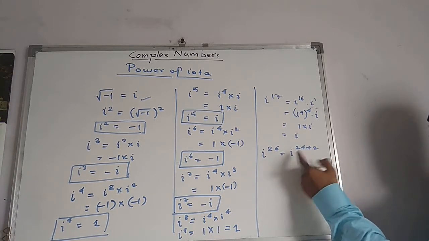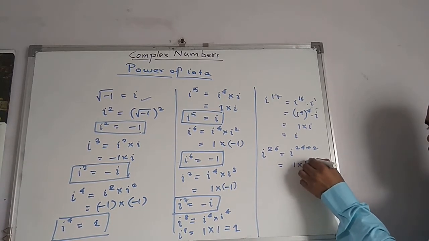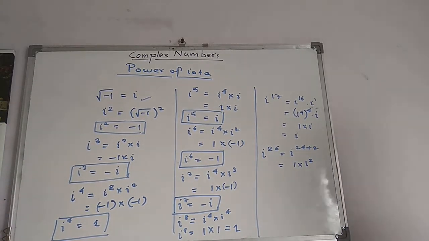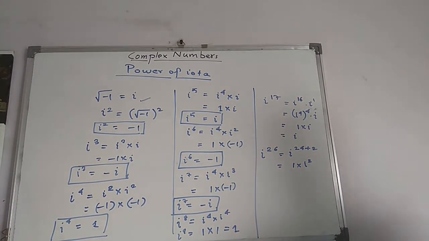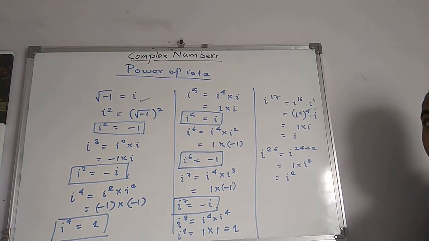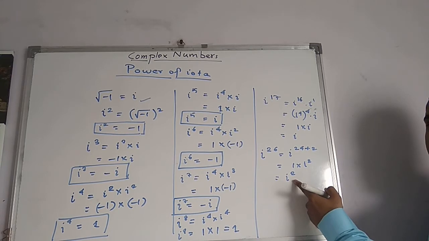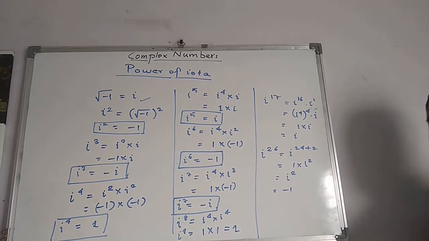So we can write it directly as 1 multiplied by iota square. And what is the value of iota square? It is minus 1.